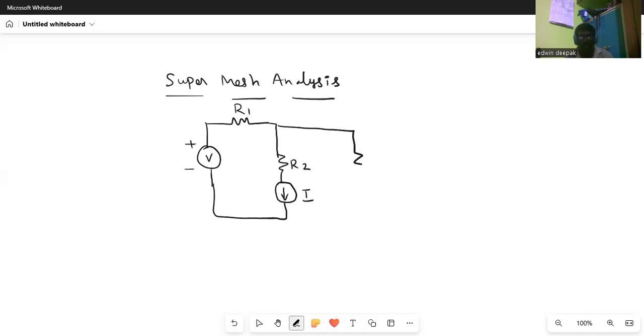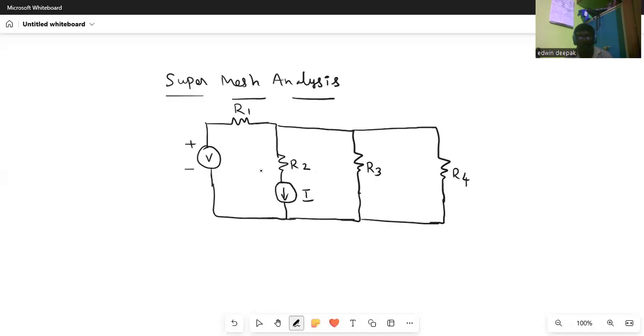The second loop is formed between the two branches. Finally, we have a resistor R4. In this case, by applying Kirchhoff's voltage law, writing the equations will be slightly difficult because we don't know the voltage existing across the current source.